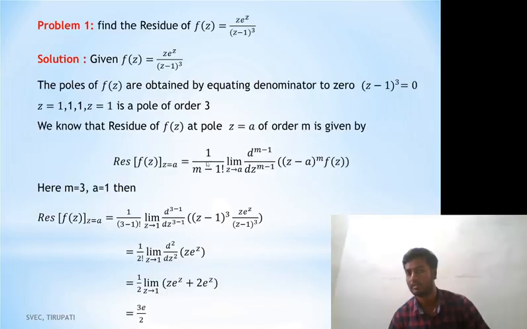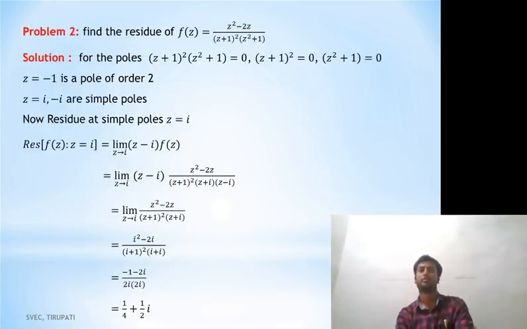Then substitute: 3 minus 1 factorial, so it is 2, and we differentiate twice. Here the denominator is cancelled, leaving z e power z, which is of the form uv. First z into e power z plus e power z, then e power z is common, e power z into z plus 1. Then again you differentiate and you get this. Now substitute z tends to 1, which gives 3e by 2.